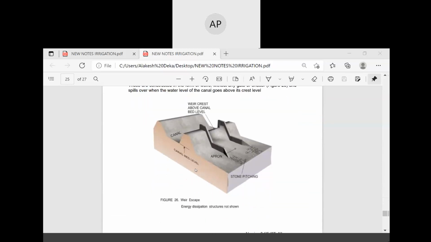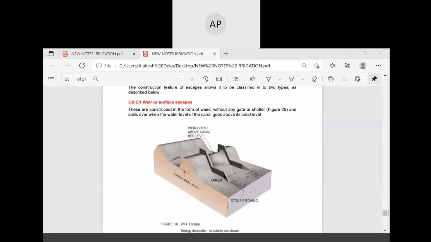Next, escapes. We have already discussed water escapes. This is the canal bed level. Stone pitching is there, and the apron. This is the canal, and this is the crest above bed level.